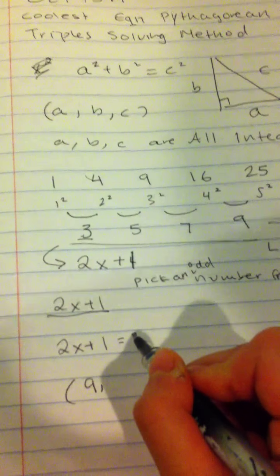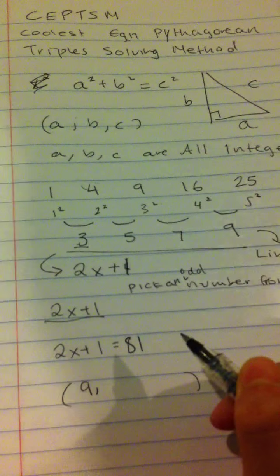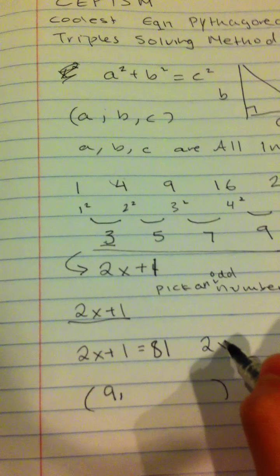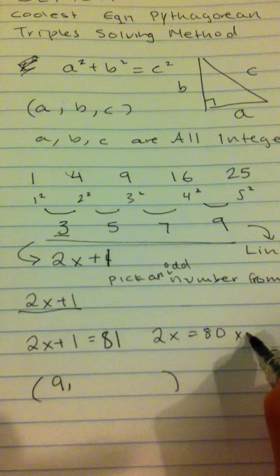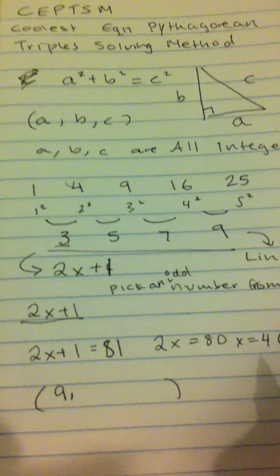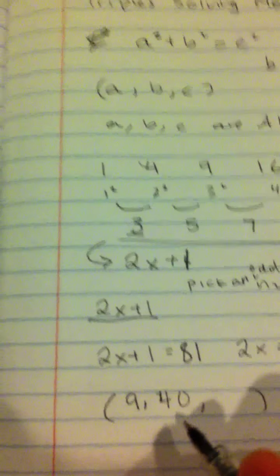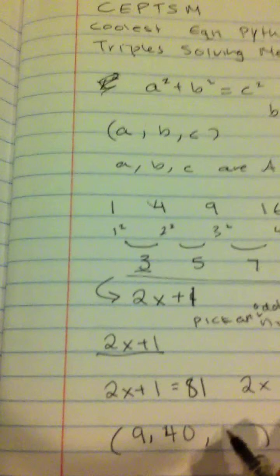And then you put 9 squared, or 81, over here. So you solve it. You get 2x equals 80, and eventually x equals 40. See? So you put your 40 over here, the middle, and then add 1 to the 40.